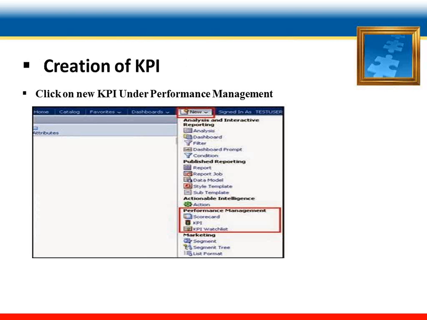Next I am going to discuss the creation of KPI. Here click on KPI under performance management. We need to log into BI Analytics, go to New, and under performance, actionable intelligence, performance management, we can see the scorecard and KPI watchlists.